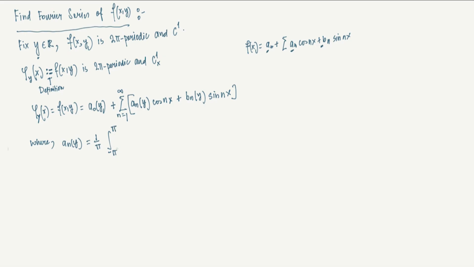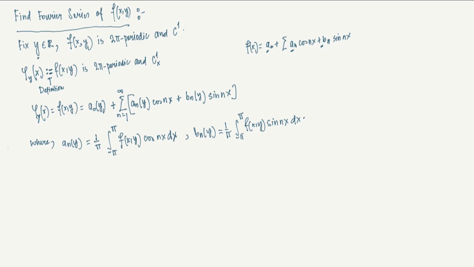So it is just on x, f of x,y cosine nx dx. And of course you have b n of y, which is 1 by pi, minus pi to pi, f of x,y sine nx dx.